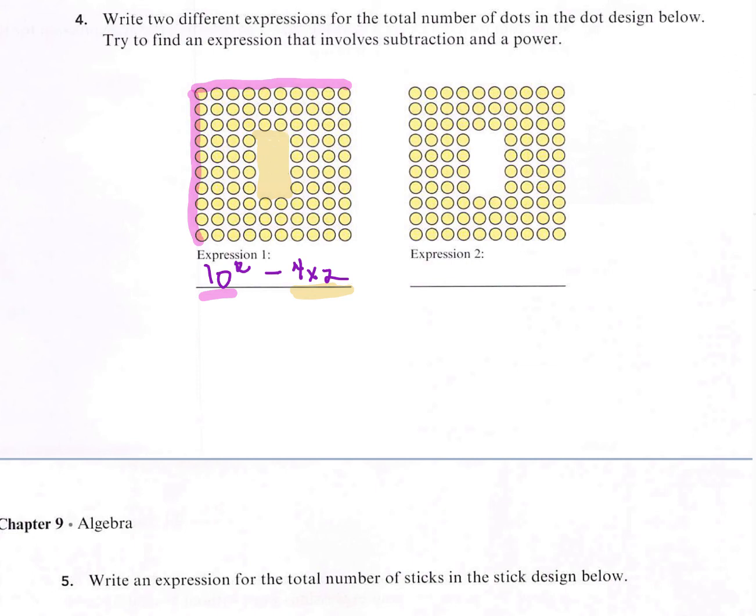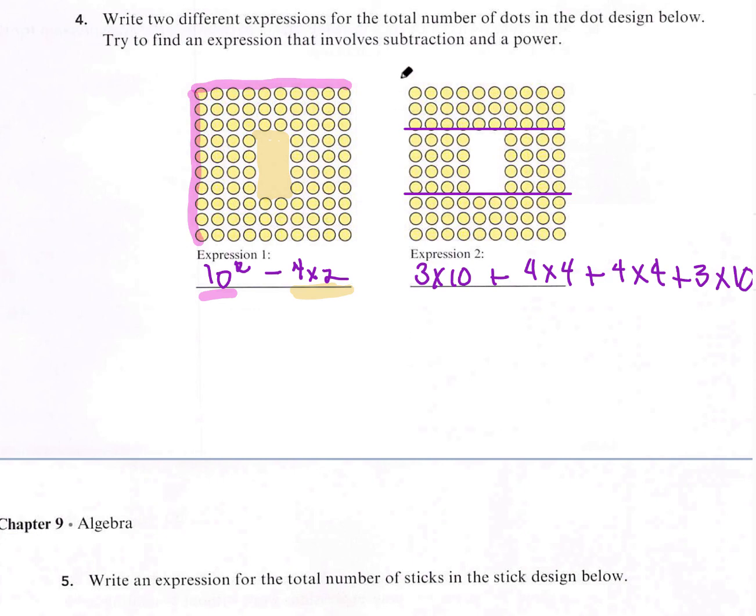Of course, we could do this an entirely different way. If we took and divided this into different parts, we could then write this as 3 groups of 10 plus 4 groups of 4 plus 4 groups of 4 plus 3 groups of 10.